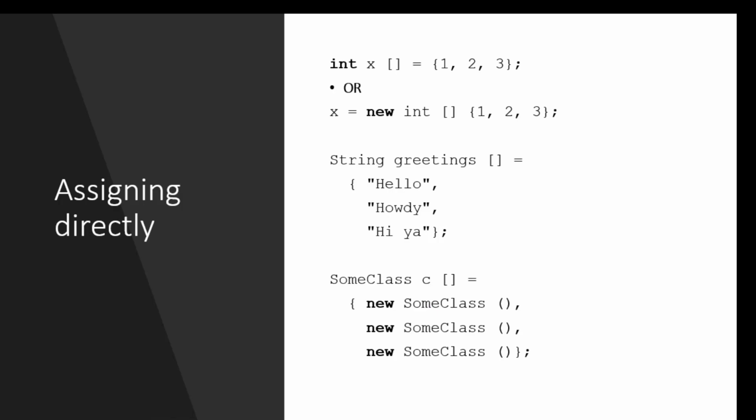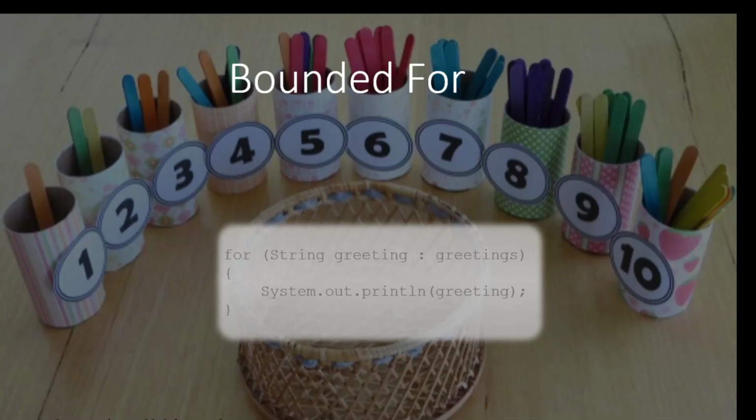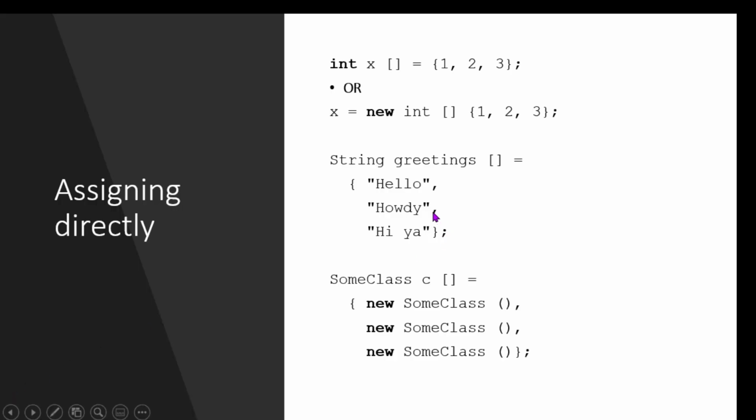The last little twist on arrays I want to talk about is the syntax that's probably more familiar to you Python users, where if I have a bounded list of things like an array, so I have 10 items inside of there, I can say, for example, the one we just saw, greetings: hello, howdy, hiya.